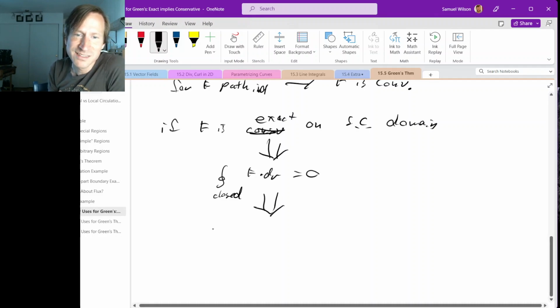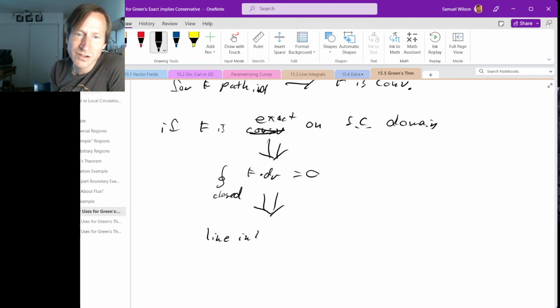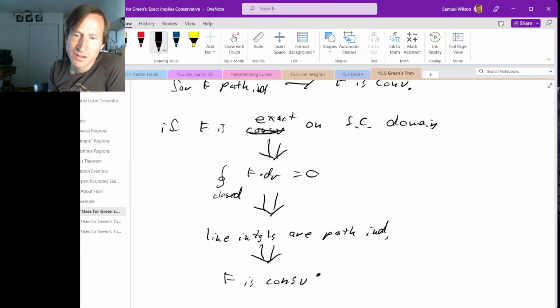That implies that all line integrals are path independent, and then we already knew that this implies that f is conservative. In other words, f is the gradient of some function, little f, some potential function.